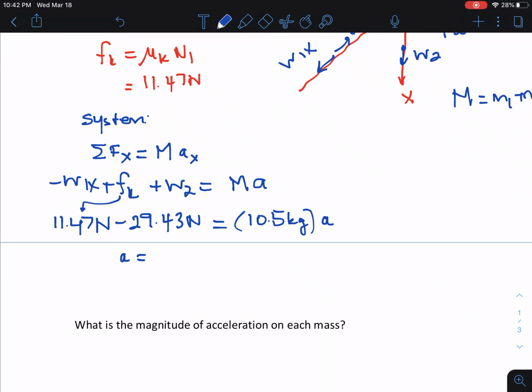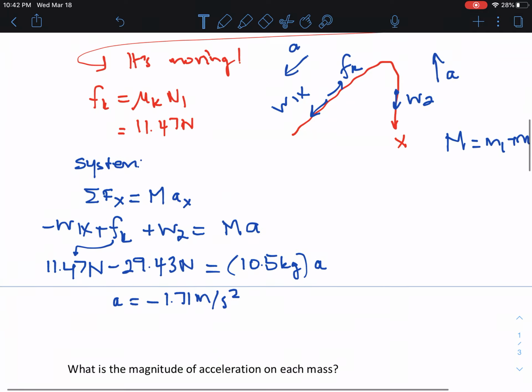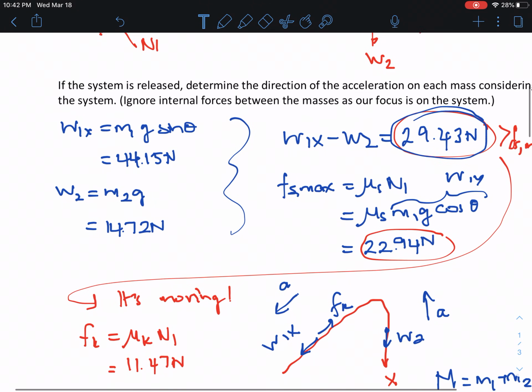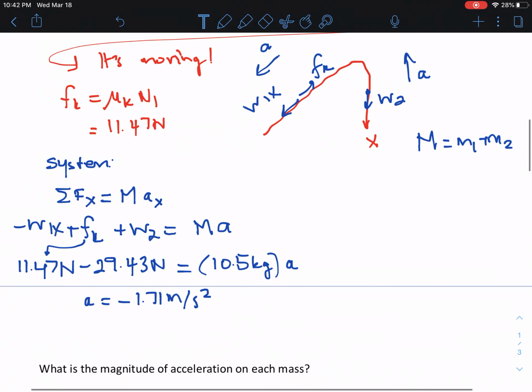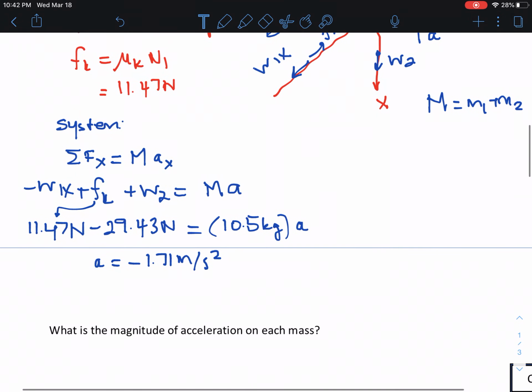But what we're getting is a negative acceleration, as it should, because we chose the wrong direction. But it is okay. So when it is asking for the direction, now we can say what the direction is, because the chosen positive x direction is the wrong direction.